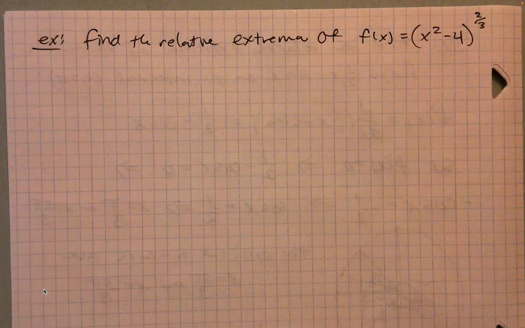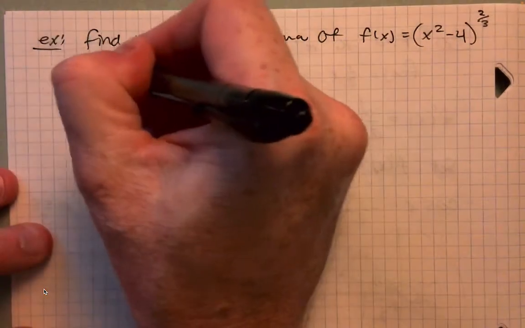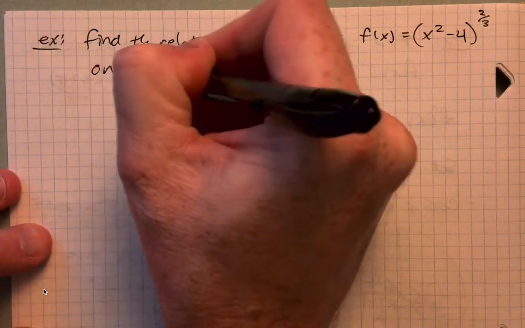In this case, there's no interval given, so the assumption we should make is that we're talking about the entire real number line. So find the relative extrema of this function basically on all of R.